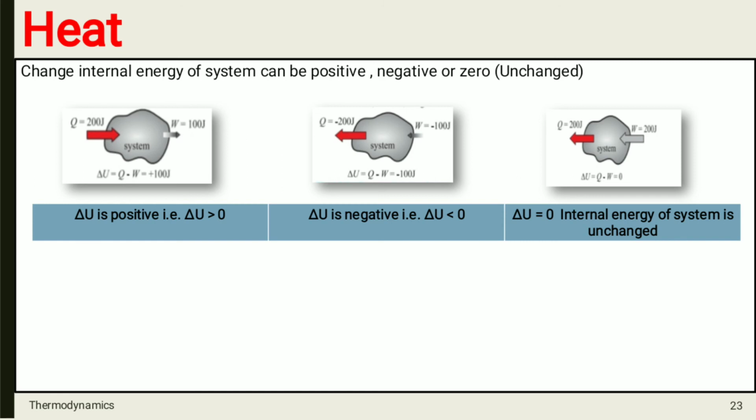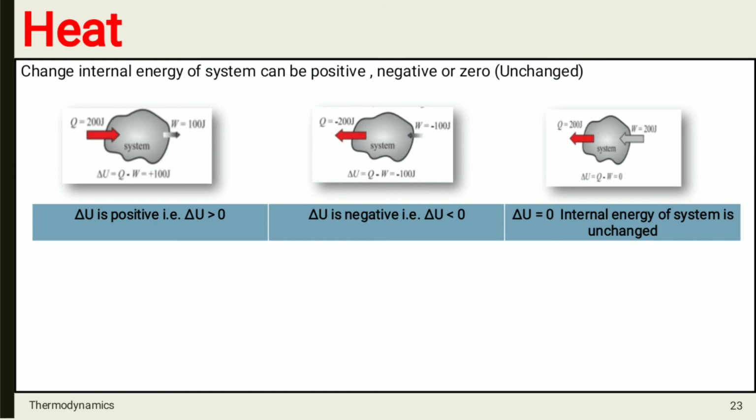In the last figure, the amount of heat added to the system is equal to the work done by the system, that is, Q is equal to 200 joule and work done by the system is equal to 200 joule.